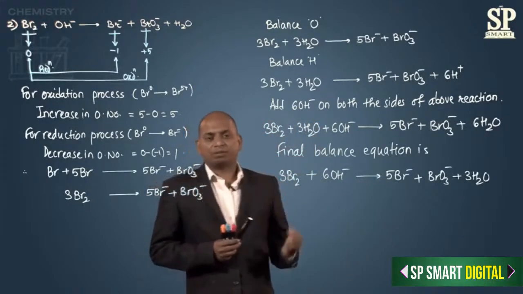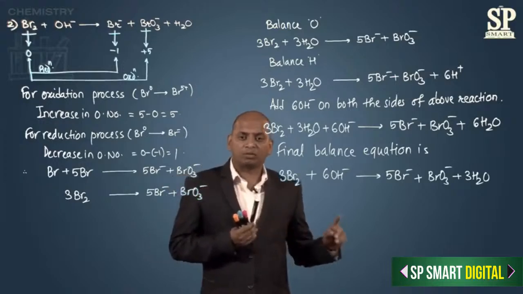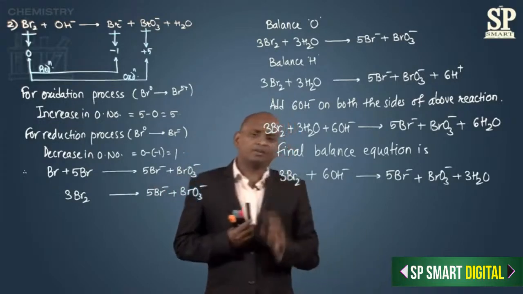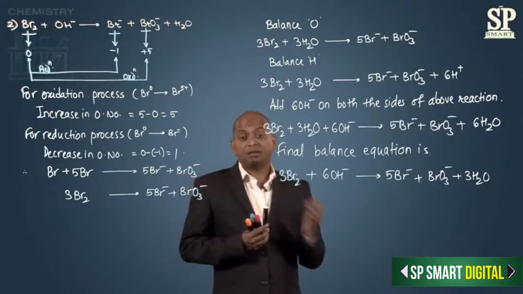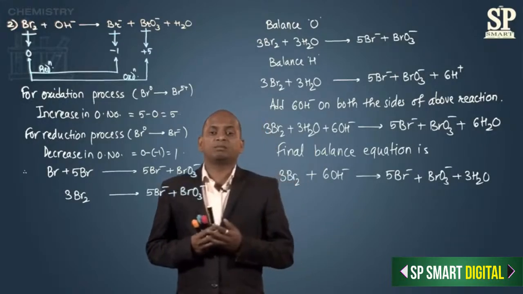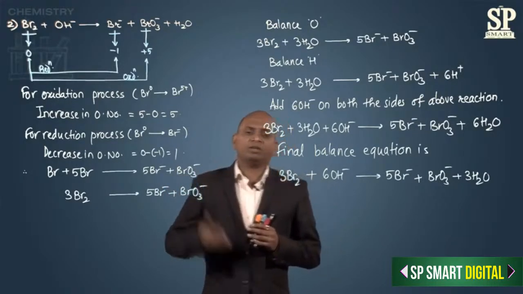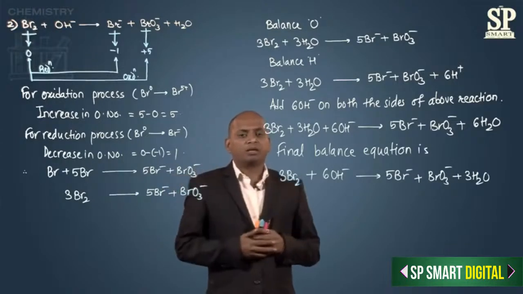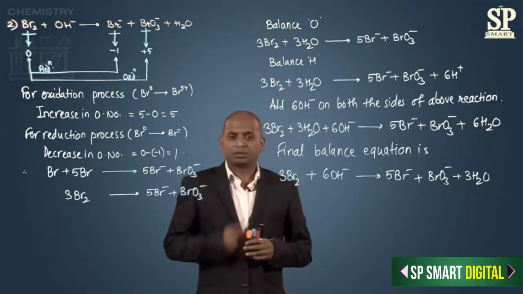In every chapter: ionic equilibrium, electrochemistry, stoichiometry. In every chapter of chemistry we have to deal with this, even in chemical kinetics and thermodynamics, where we have to deal with balanced chemical equations. So that's all for redox reactions. We'll continue with stoichiometry, some problems and some new concepts. Thank you.